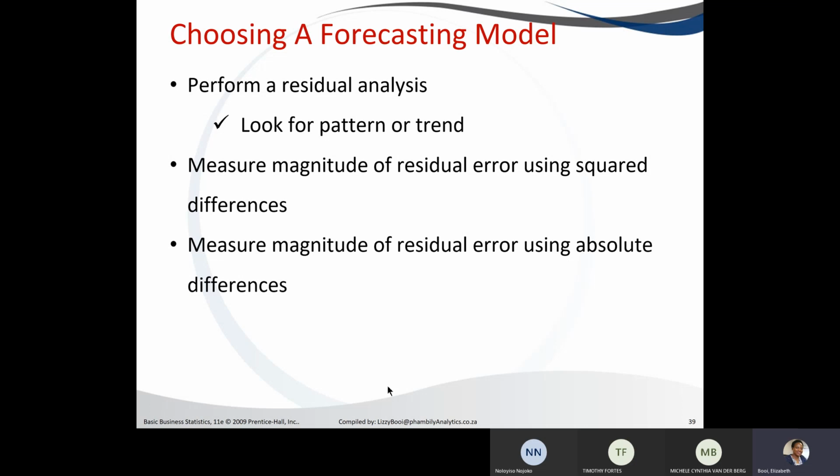We can also use the absolute differences, the mean absolute deviation, to measure the performance of each of those models as well.